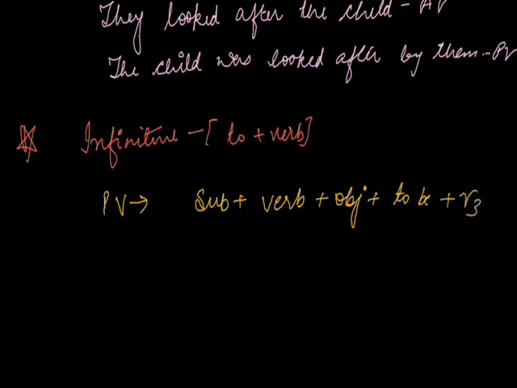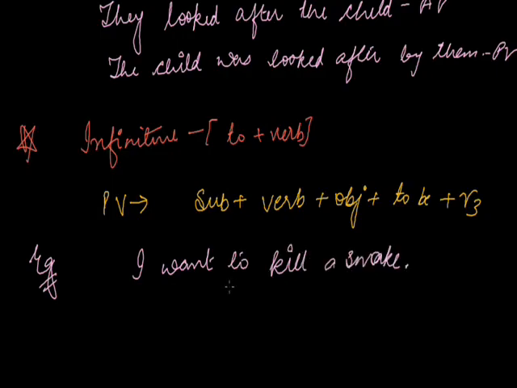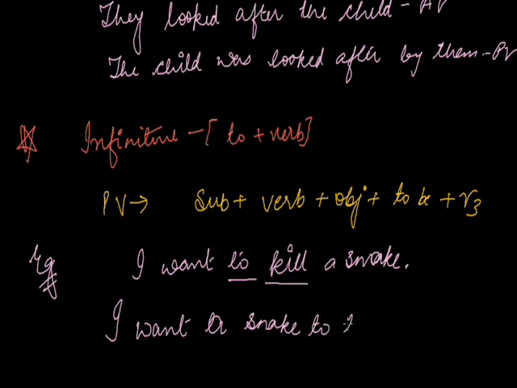Let's take an example to make it more clear. I want to kill a snake. Now here you have your infinitive to with kill. So its passive voice can be made as: I want a snake to be killed.